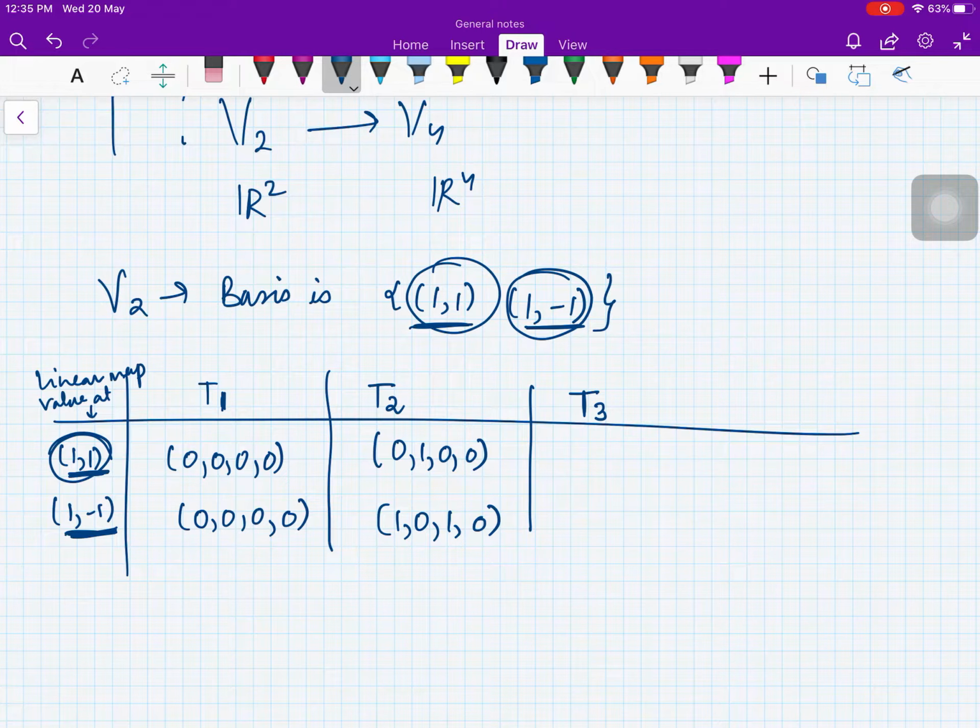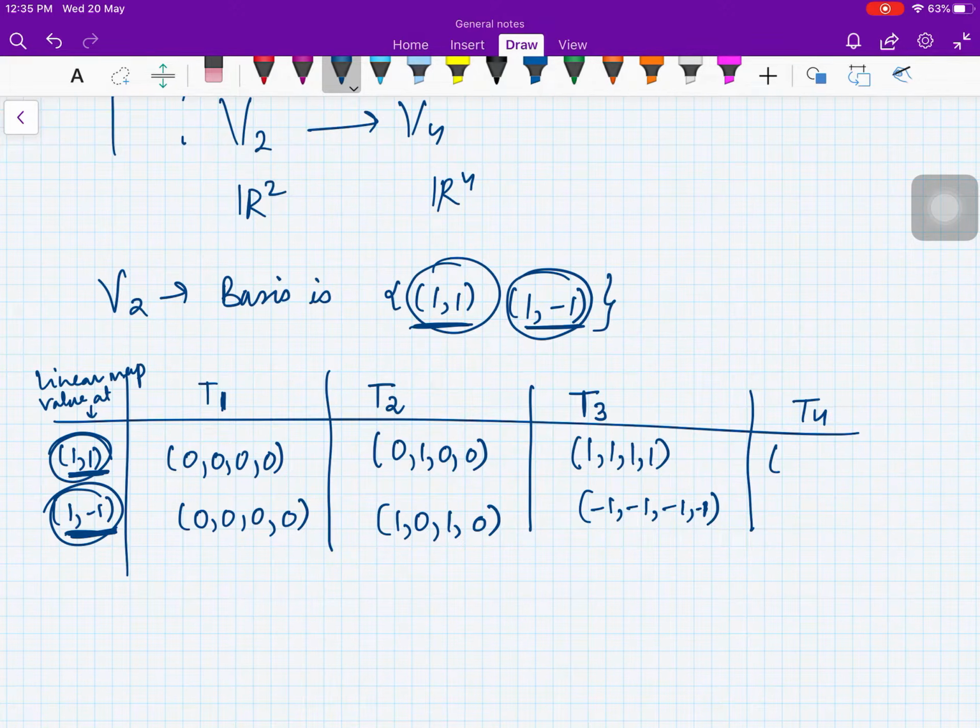And you construct another map which maps (1,1) to (1,1,1,1) and (1,-1) to (-1,-1,-1,-1). And then the last map which you have to construct maps (1,1) to (1,1,0,0) and (1,-1) to (0,0,0,0). So you see you have to construct 4 linear maps here.